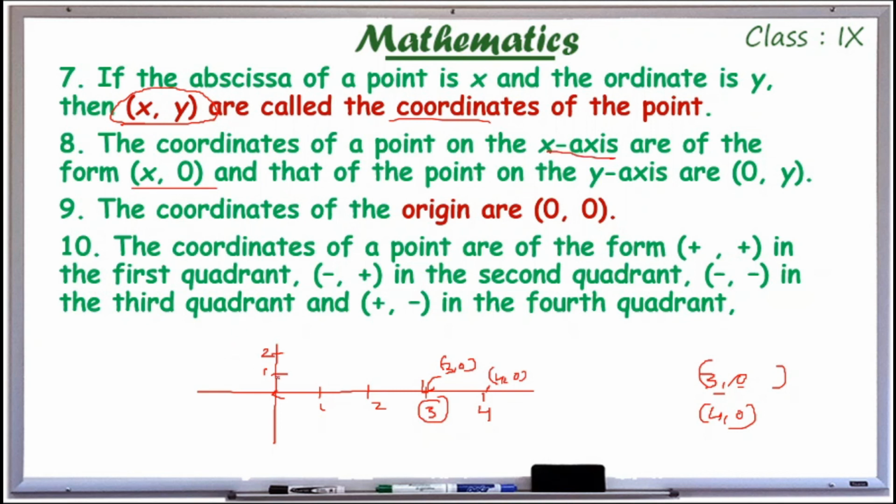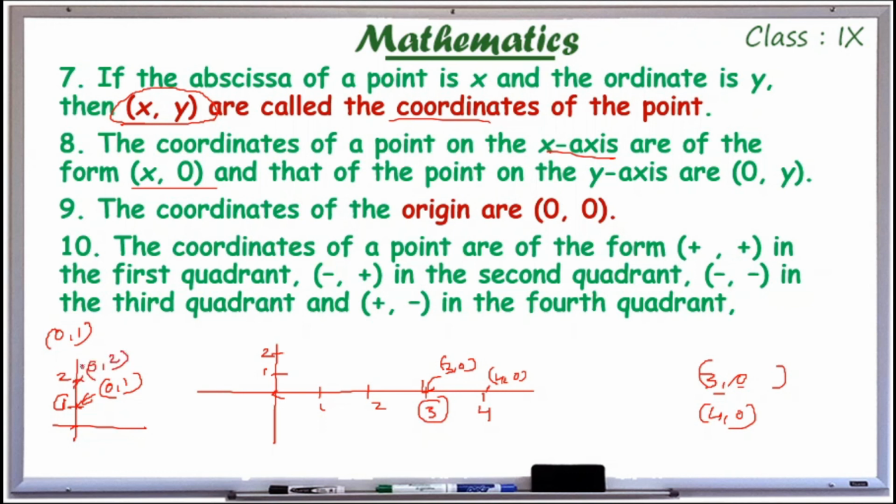And similarly for the y-axis, to represent 0 comma 1, the x value is 0 and the y value is 1. So this is the point. For 0 comma 2, this is 0 comma 2.